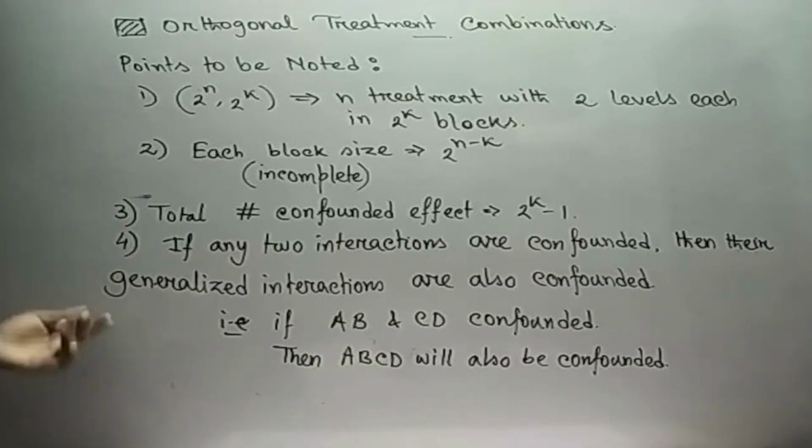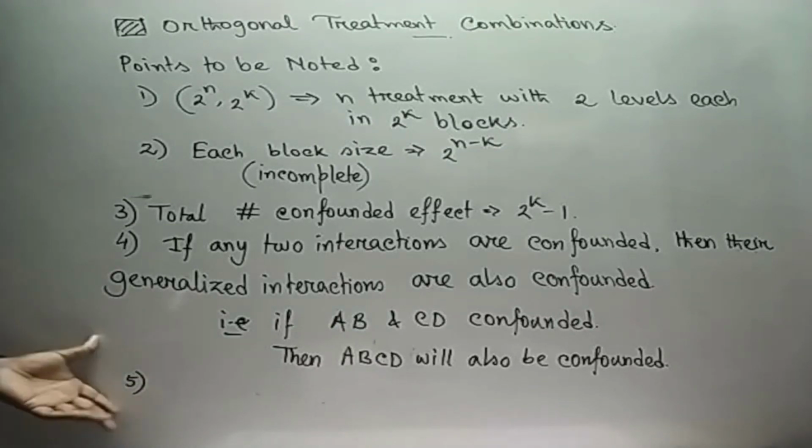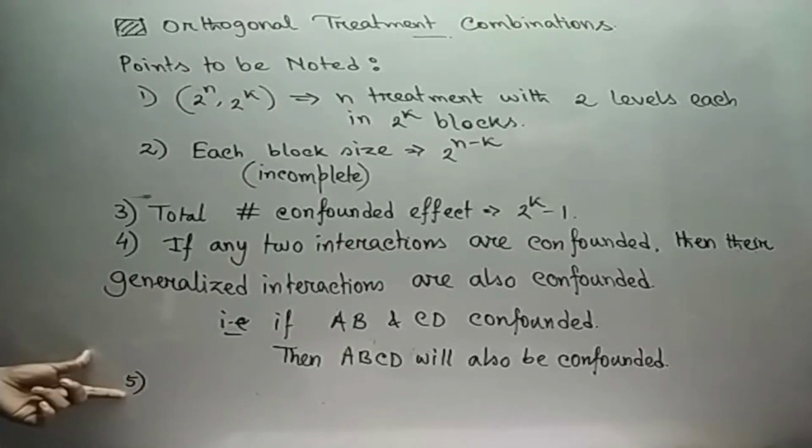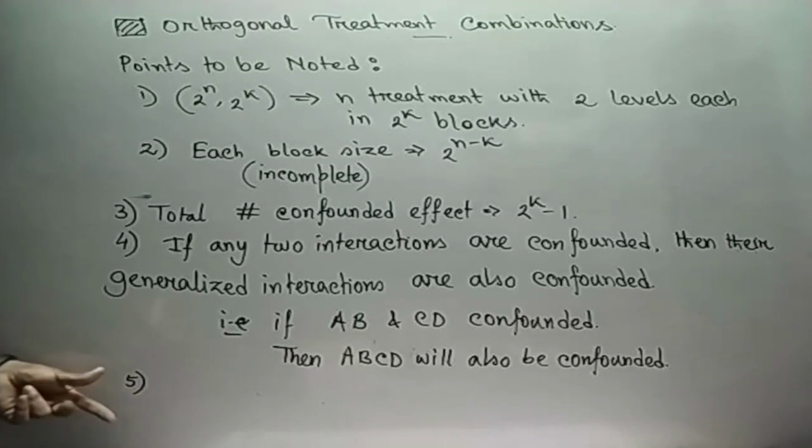Now let's go to the next point, which is point number 5. The fifth point tells us about the number of independent contrasts. We can see a question on this, I think from Delhi University. I will discuss that question later, but it is basically on this point.